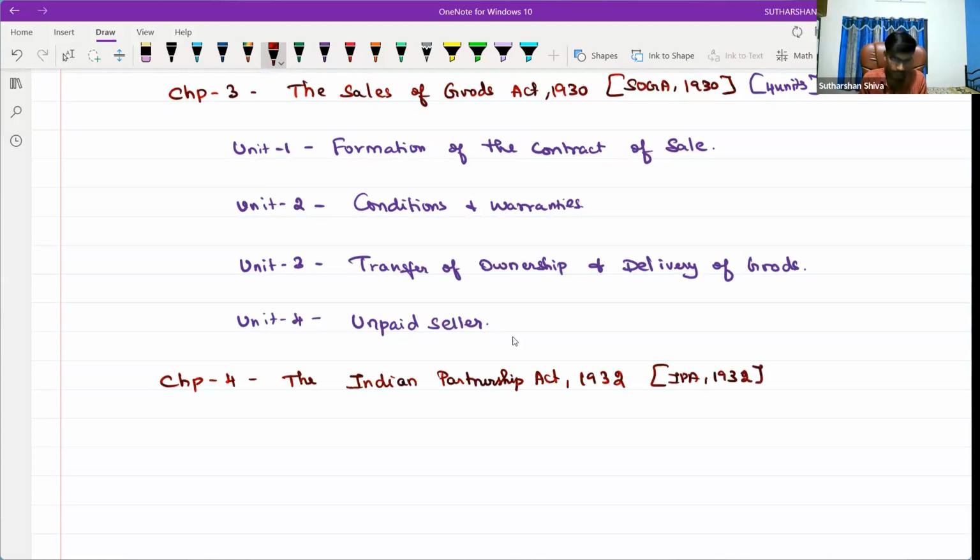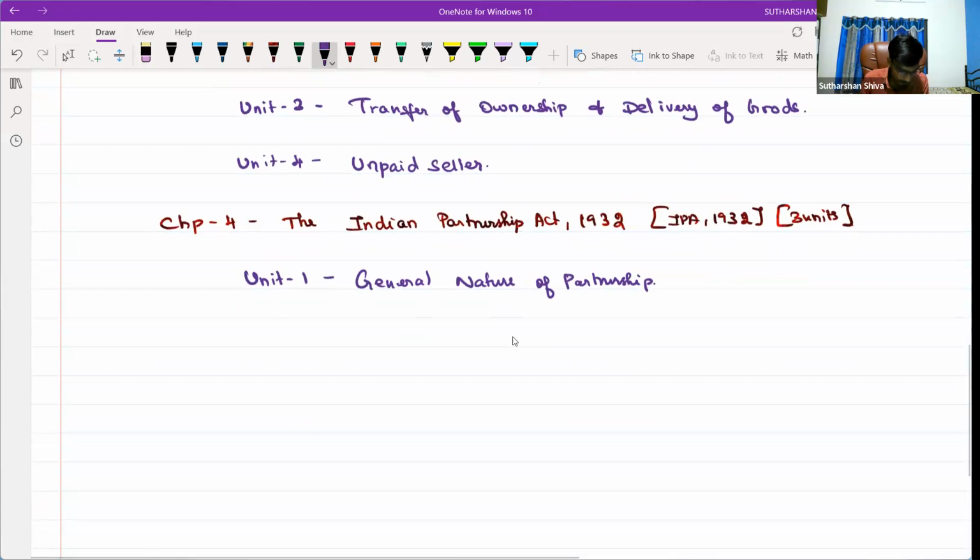In this, you have only 3 units, a very interesting chapter to learn. Unit 1 is the general nature of partnership: the basic meaning, what types of partners and partnerships we have, how it is formed, everything you will learn.